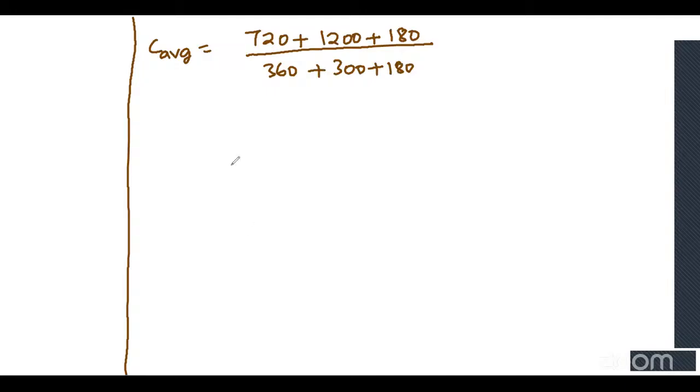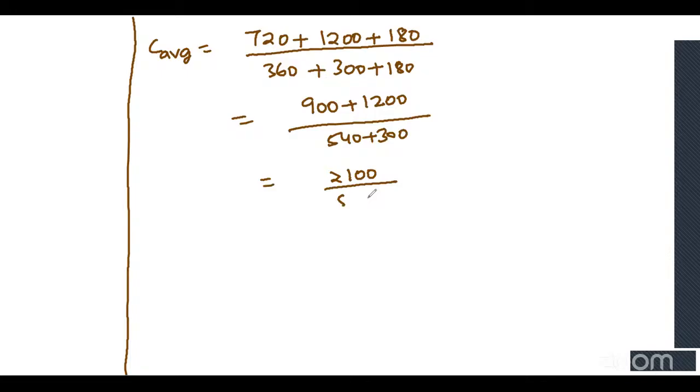So upon calculation, the numerator I'll get as 900 plus 1200, by 540 plus 300. So it is 2100 by 840. That is 4 times.